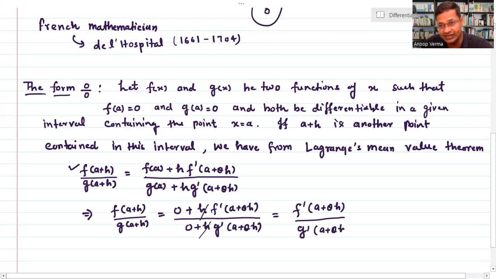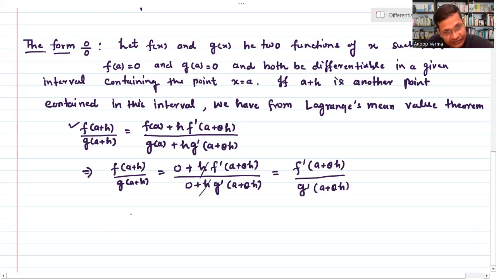Now you can take the limit. Okay, now taking the limit, h tending to 0.